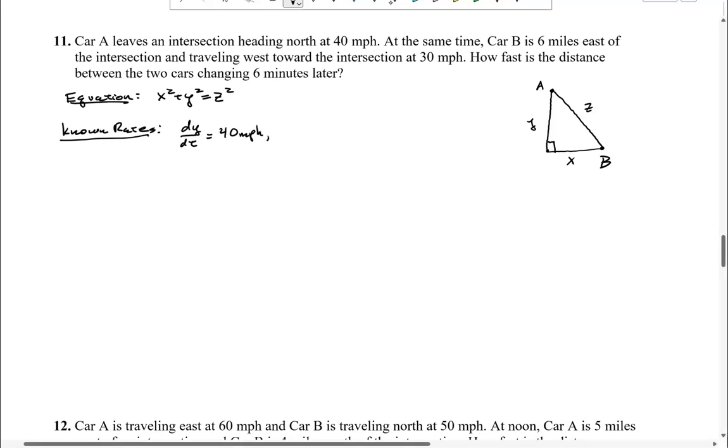We're also told that car B is traveling toward the intersection at 30 miles per hour. Since car A is moving away from the intersection and car B is moving toward the intersection, we'll go ahead and make the rate of change in B's distance from the intersection negative.